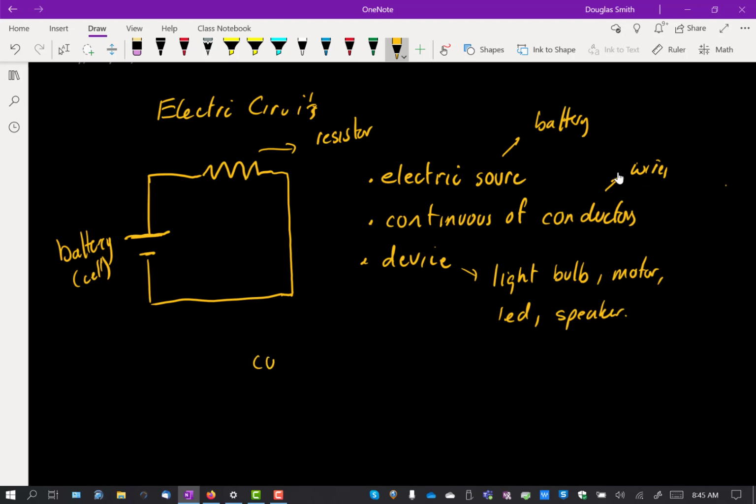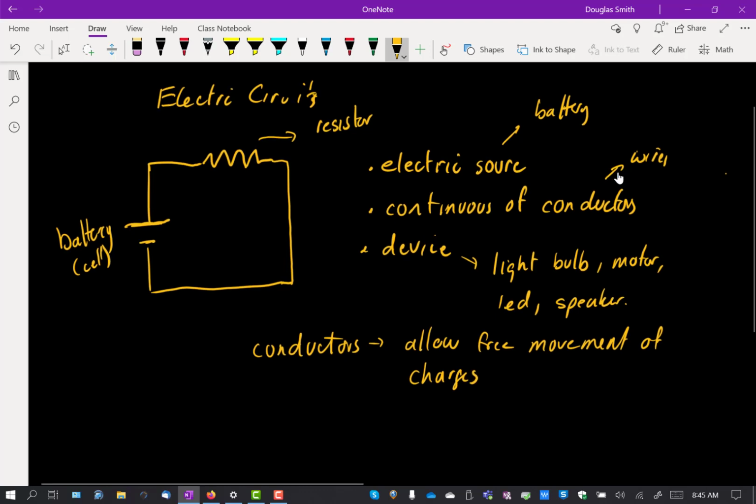Conductors allow free movement of charges. And usually when we talk about circuits, we're usually talking about electrons. But it doesn't have to be.